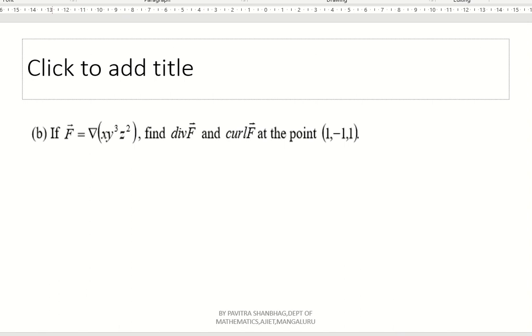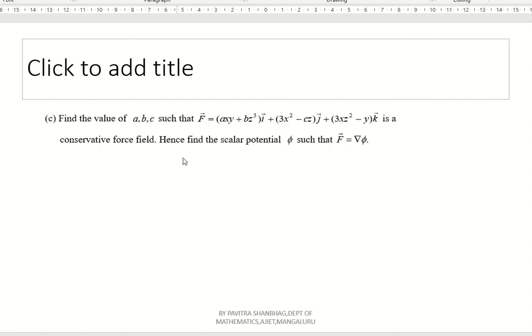Now similarly, see here, find a, b, c. Again, this problem is similar to the previous one. Just go through those problems and apply it to this. That is, you have to write the definition of what conservative force field means.